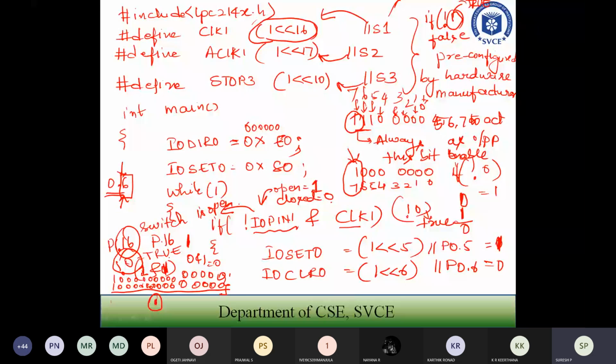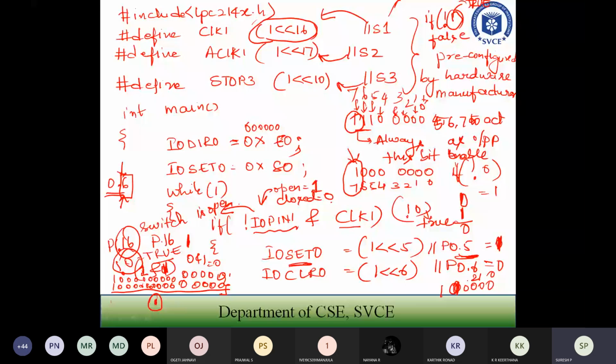Only when it becomes true will it enter the if condition. After entering the if condition, it has to set port 5 to 1 using the set register command. So I set 1 left shift to 5. The 1 will be shifted to the fifth position, setting your fifth bit to 1.